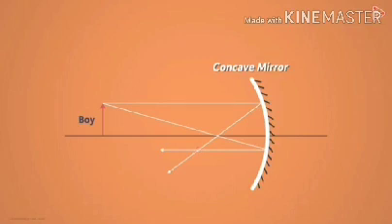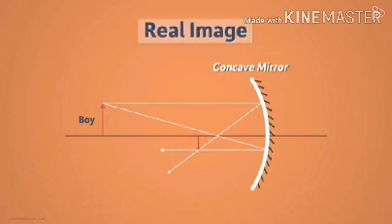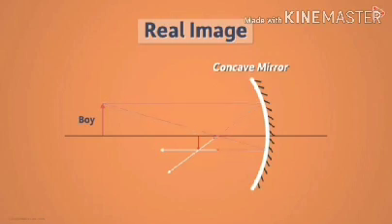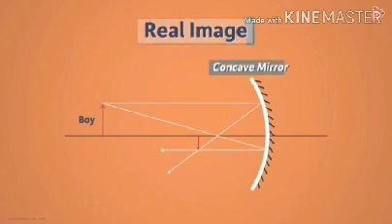And the image of the top of the arrow is formed at this point, and we can do something similar for the remaining points of the object too. We get this image. This is called a real image. It is the image formed when light rays converge after reflection from the surface.